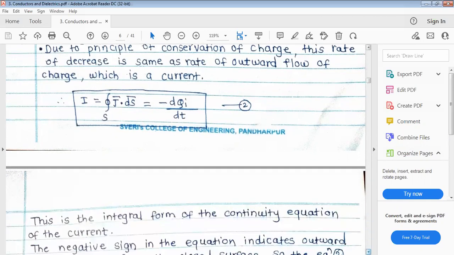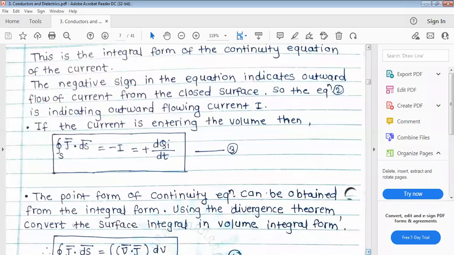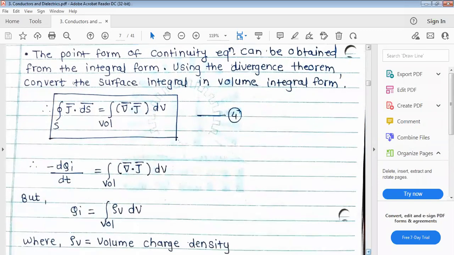When the current is in the inward direction, minus I is equal to plus dqi upon dt. Then we have to obtain the point form of this continuity equation.